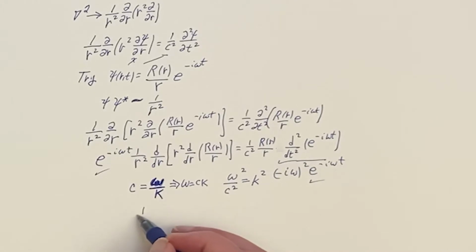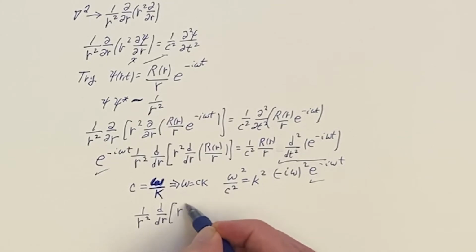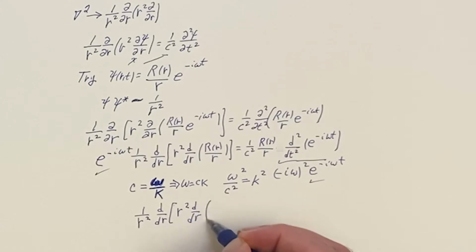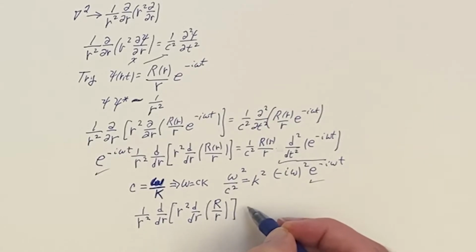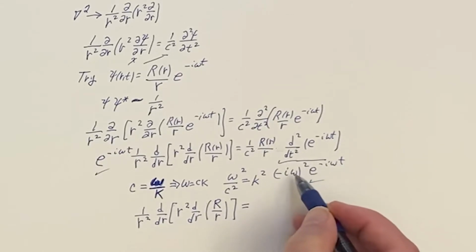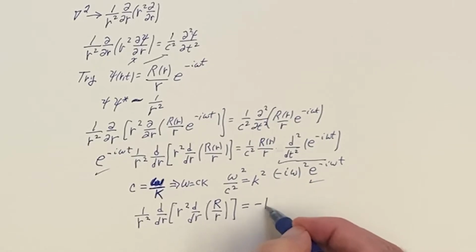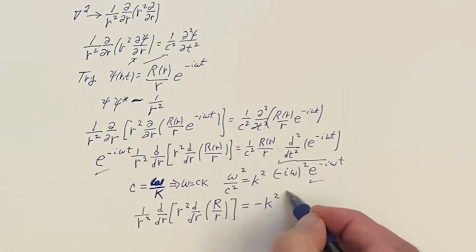Okay, so then we have 1 over r squared, d dr, r squared, d dr, capital R over r, and I'll leave out the explicit expression of the argument. Here, minus i squared is a negative, so this is going to be a minus k squared, and then R over r.